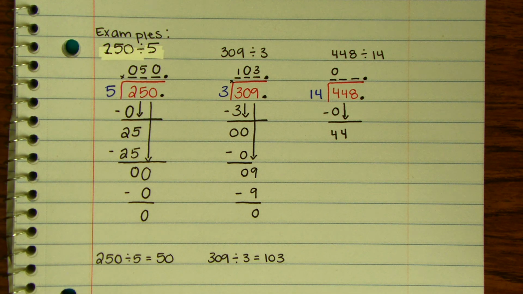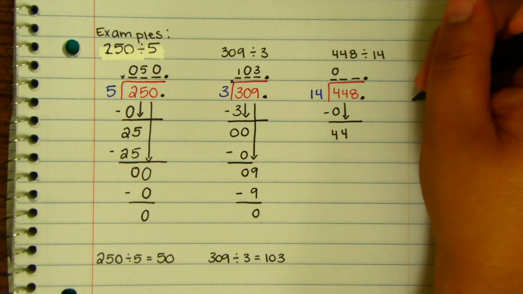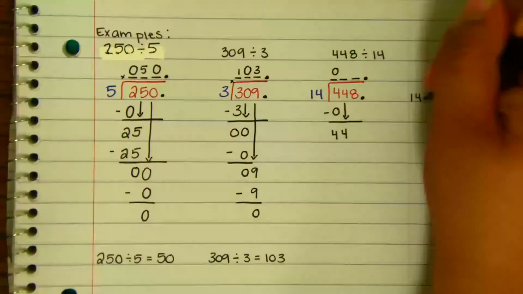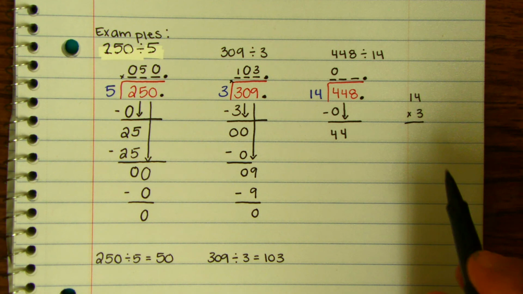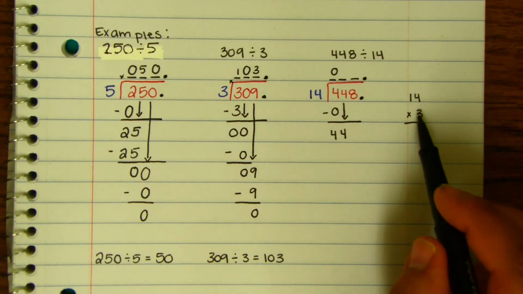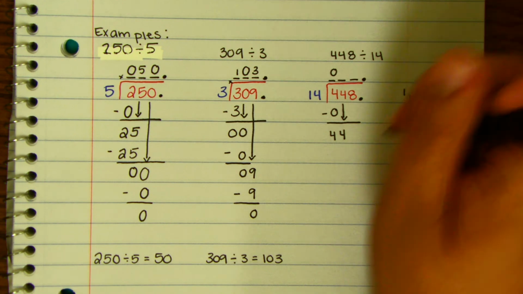So I don't know about you, but I don't know my 14's times table. So I need to make educated guesses to see if it will work. So off to the side, I'm going to start writing my guess. And I'm going to do 14 times 3. See if it works. 14 times 3, well, I know 4 times 3 is 12. I have to carry my 1.